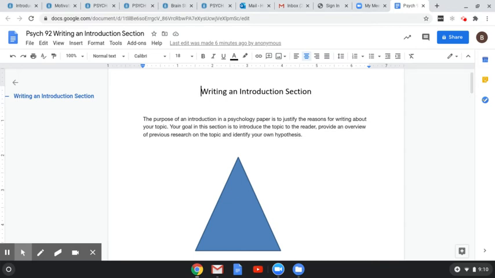So, as stated in chapter 3, I think it is, maybe it's chapter 2, there are 4 main sections to a manuscript or a paper. And the introduction is actually the first one. The method section, which you guys did, is the second one, but because the method section is so specific and precise, I kind of like to have that one done as a paper first and then come back to this one.